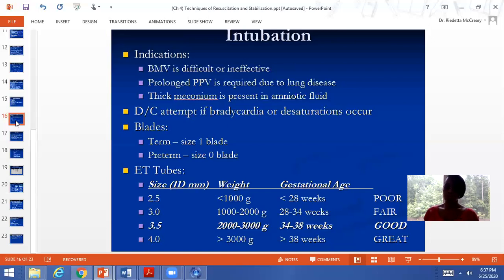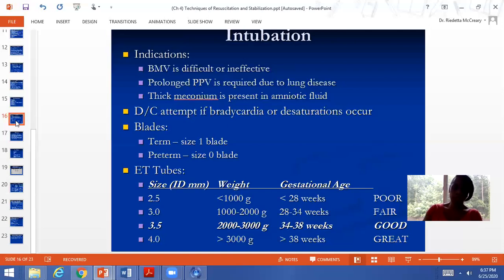Post-term is bigger than 40 weeks or longer than 40 weeks. And then under 34 weeks is considered extremely preterm. So always think 3.5, go up if they are term, go down if they are preterm. And if they're extremely preterm, then it's a whole size smaller than the preemie.